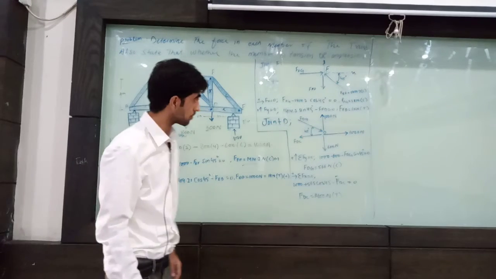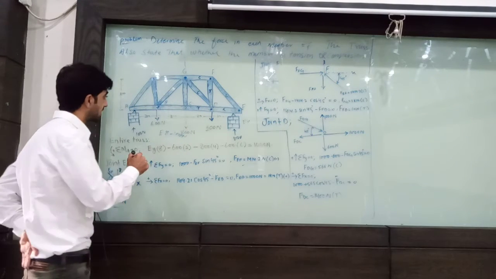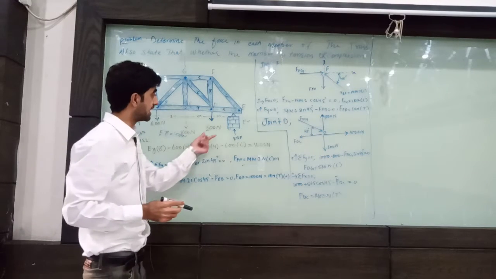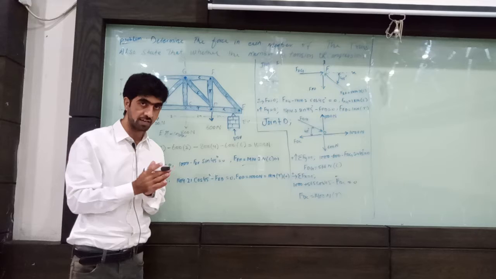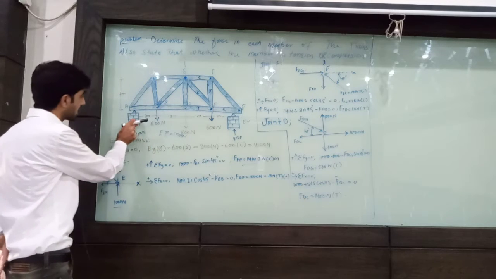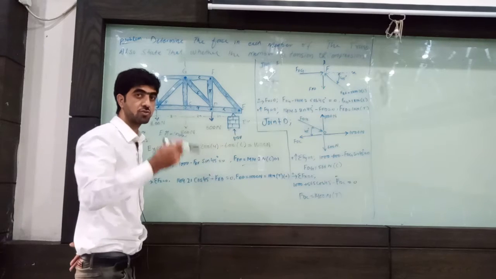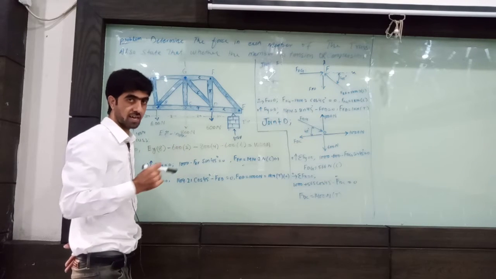Suppose a river, channel, or ocean is already available. On this side and this side, we provide brick or stone material to build a column.